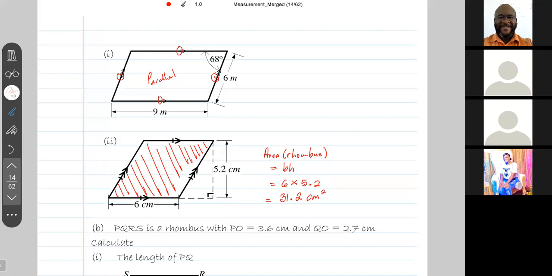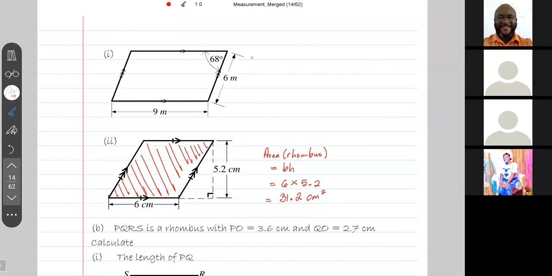Very quickly, guys, for I, calculate the area of the parallelogram at I and type your answer in the chat. All right.